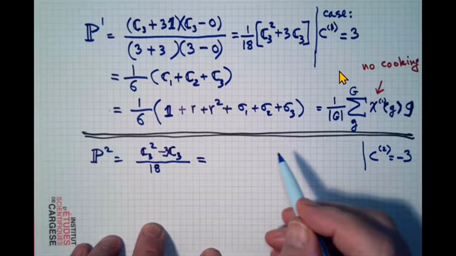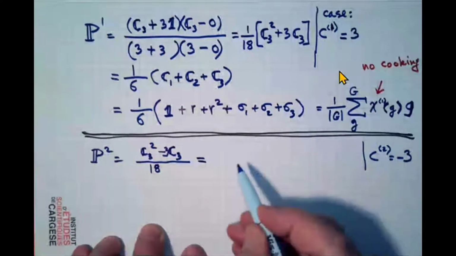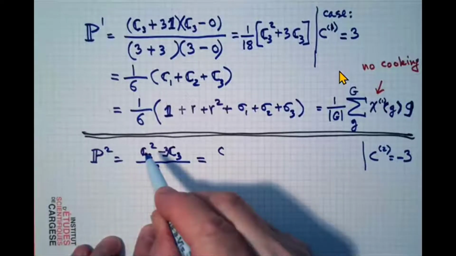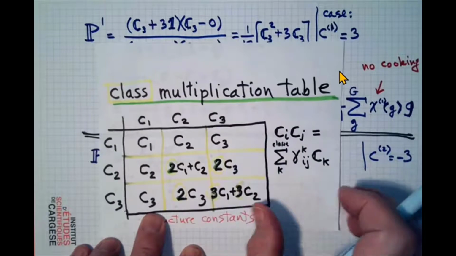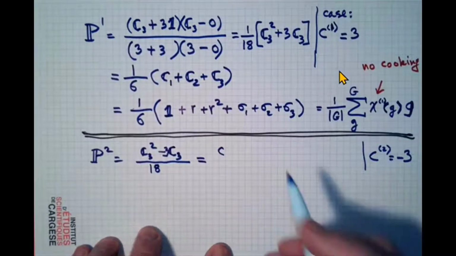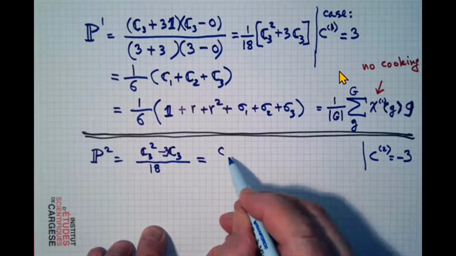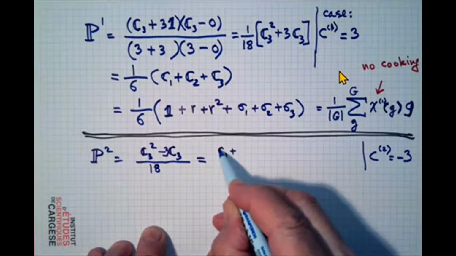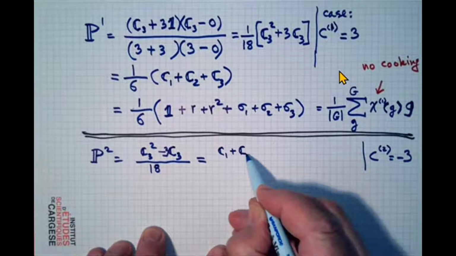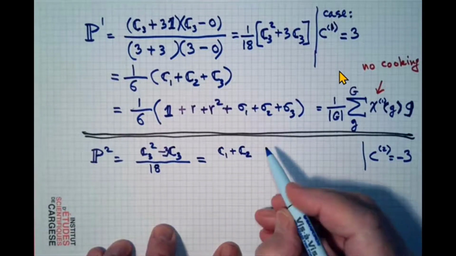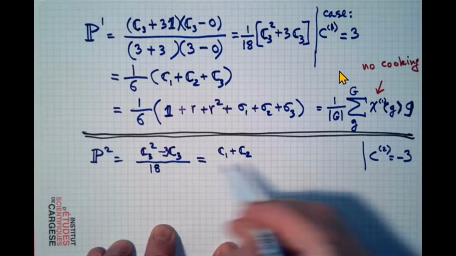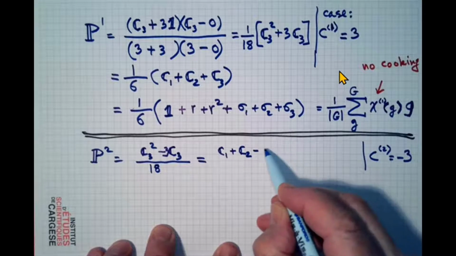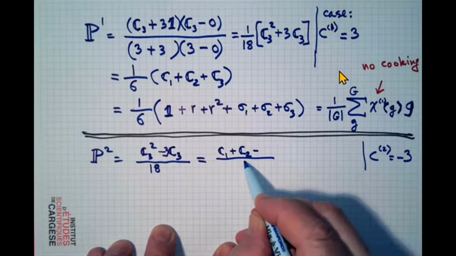And that works out to be, when you replace C squared by its values here, first class plus second class operator minus third one. They all had 3's in front of them, so that got cancelled.